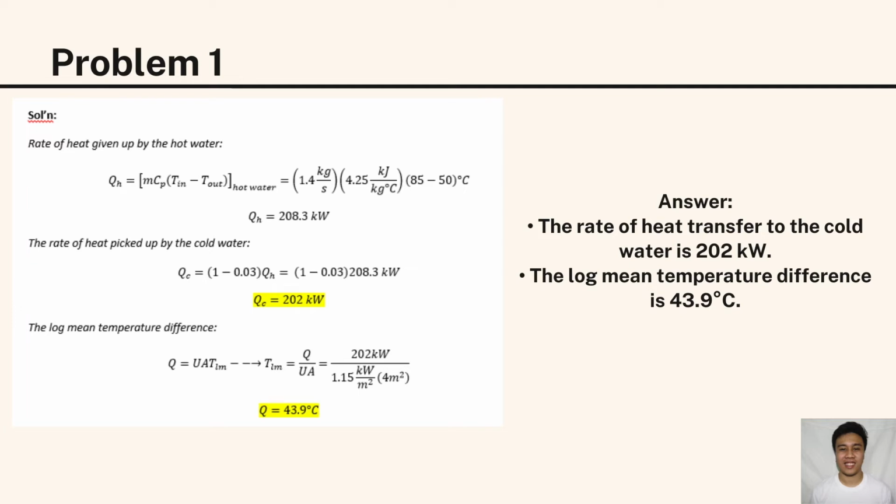Then lastly, we're going to solve for the log mean temperature difference. So the log mean temperature difference is equal to the rate of heat picked up by the cold water over the coefficient of heat transfer of hot water times the area, which is equal to 202 kilowatts over 1.15 kilowatts per square meter times 4 square meters, and we are going to get 43.9 degrees Celsius, which is the log mean temperature difference.